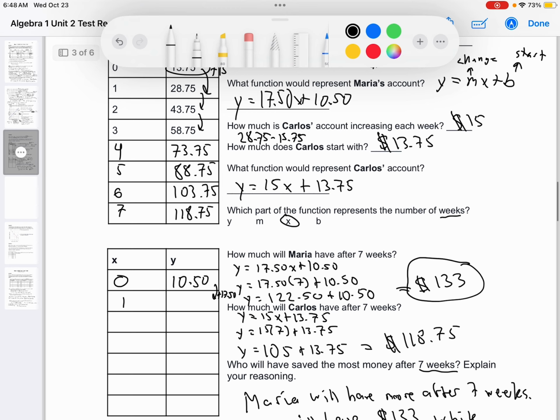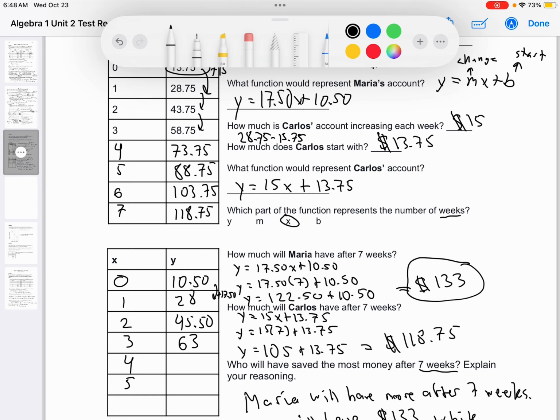So after 1 week, we would do $10.50 plus $17.50, and that would give us $28. In week 2, we take the $28 plus $17.50, and that would give us $45.50. Add $17.50 again, and that will give us $63.